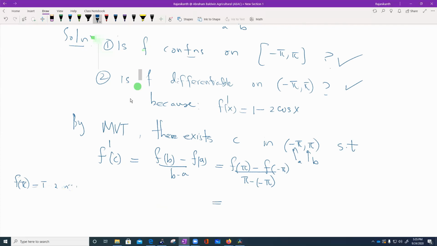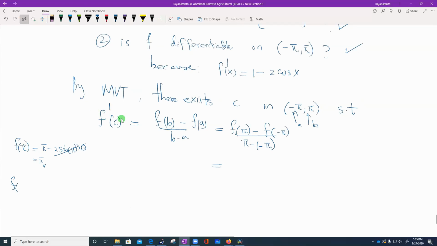That is pi, and sine pi is always 0. So that is simply pi. So if you look at f of negative pi, again you are plugging negative pi in place of x.